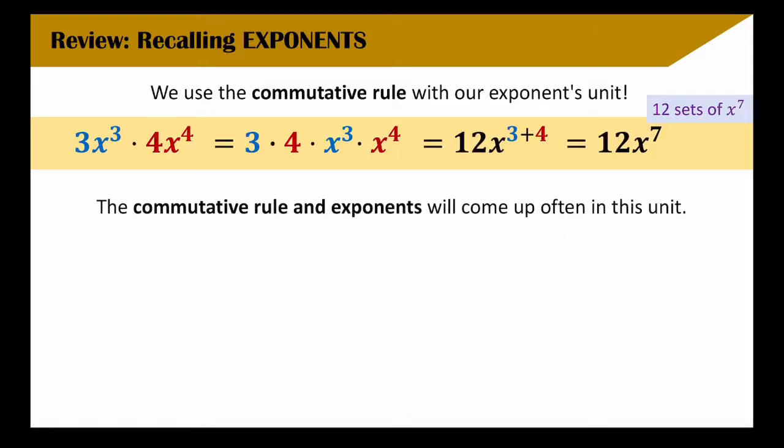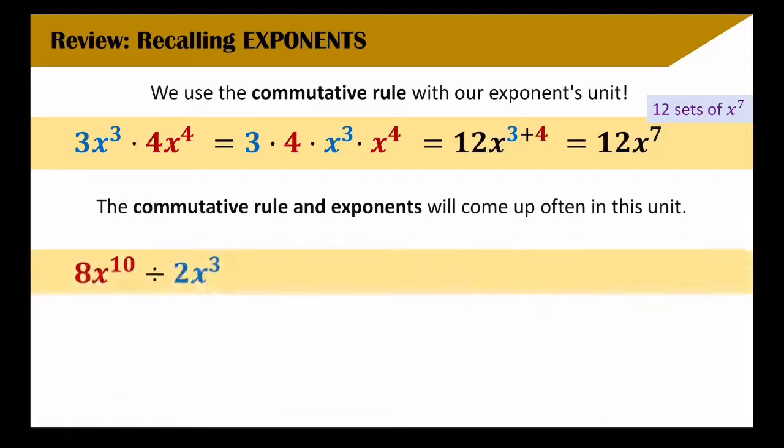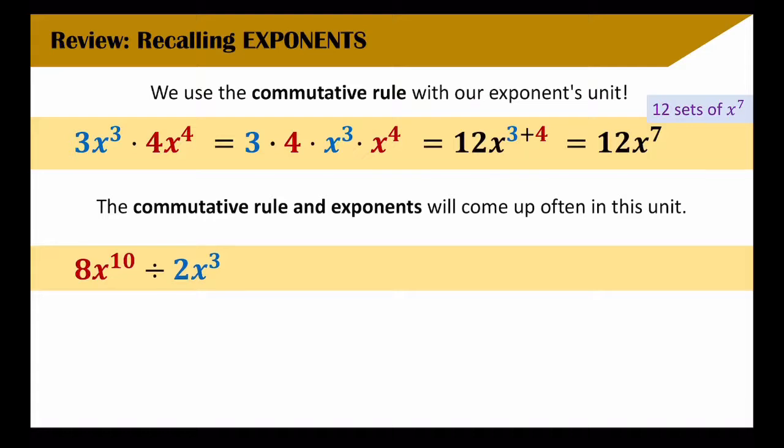The commutative rule and exponents will come up often in this unit, so it's important that we get some practice in. Let's take a look at 8 times x to the power of 10 divided by 2 times x to the power of 3. I'm going to rearrange. Now, there's plenty of ways to visually make this look better. What I'm doing now is splitting up my common terms, so my 8, my 2, and my variables.